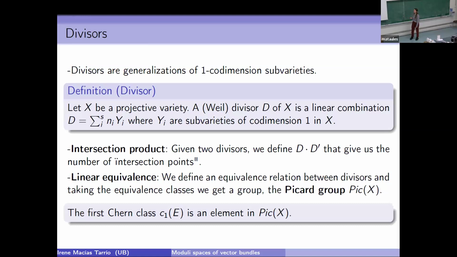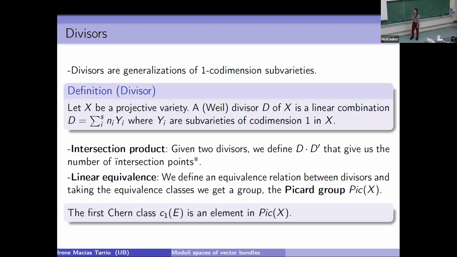We define a product between two divisors, and we also have an equivalence relation called linear equivalence. The divisors under this equivalence relation form a group that is the Picard group of our variety, or in this case, our surface. If you notice, we are working with codimension 1 subvarieties.